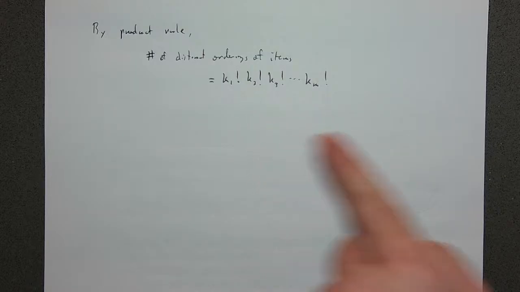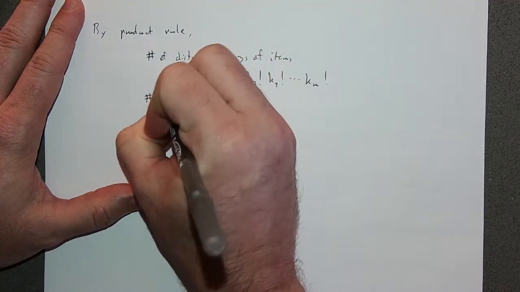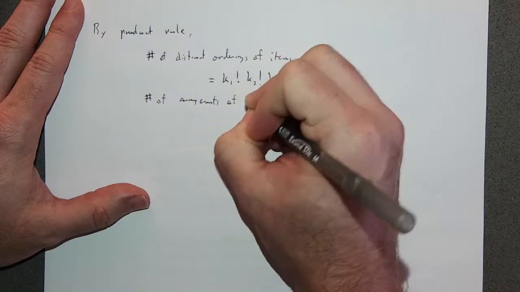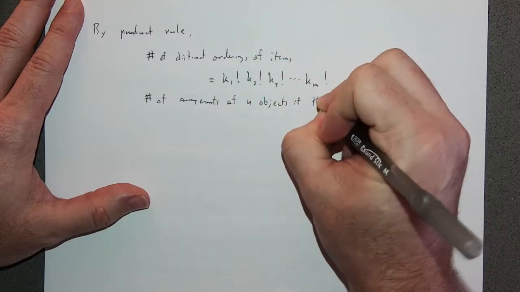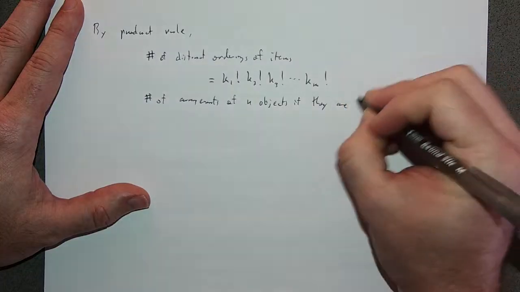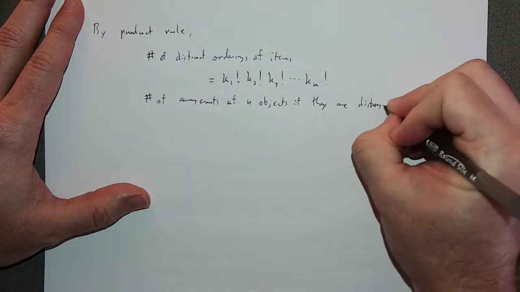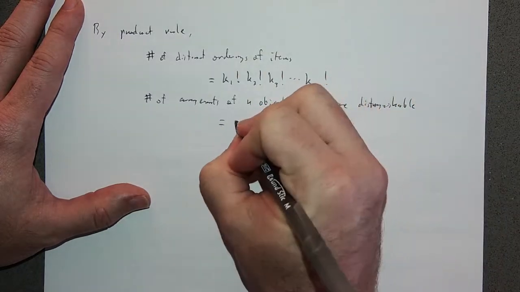one could arrange the objects if they had been distinguishable, right? So the number of arrangements of n objects if they are distinguishable is n factorial.